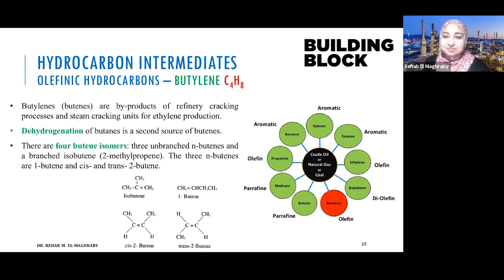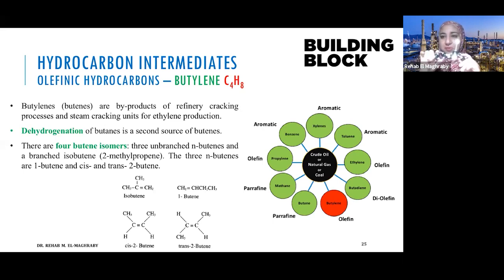Butylene. Again, butylene is also produced from the steam cracking of butane. The butane here is a straight chain paraffin. Dehydrogenation of this butane will give us butene, with a double bond here.